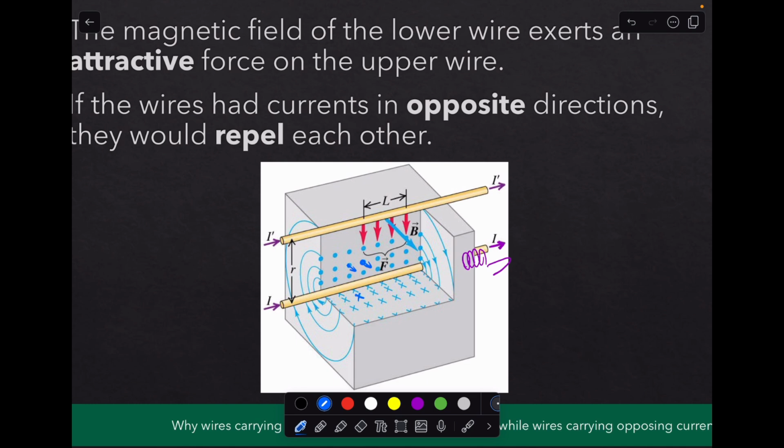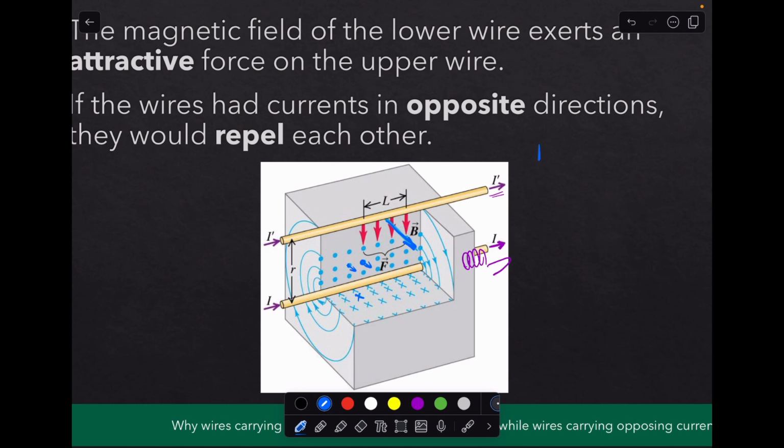And so if we place a second current carrying wire I prime above I, the magnetic field it's going to feel is going to be in this direction, coming out of the page. And so if wire I prime feels a magnetic field out of the page, we'll do a second right-hand rule to figure out the force that wire I prime feels. So there's two right-hand rules going on.